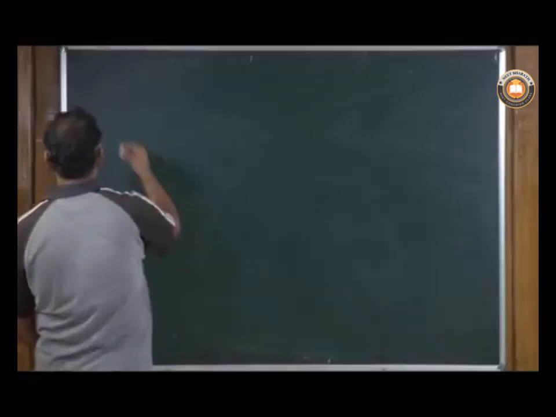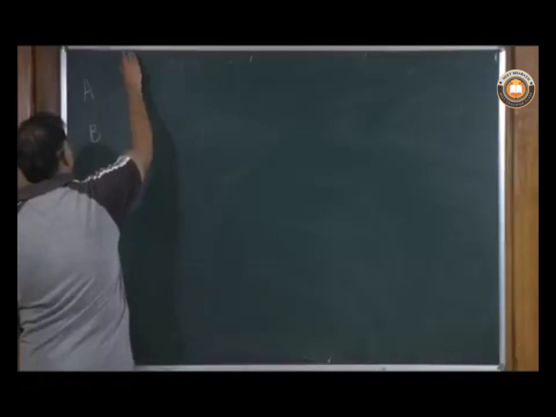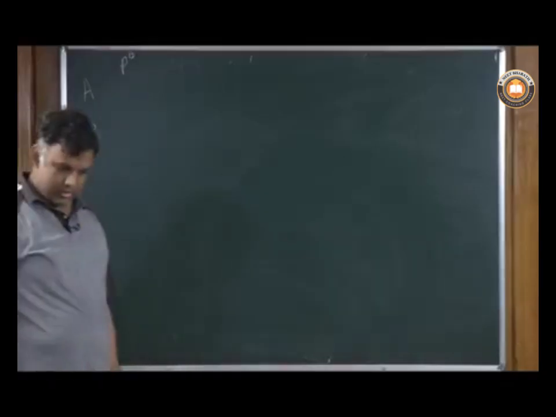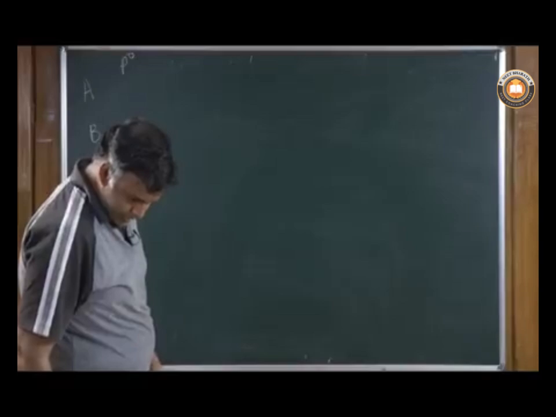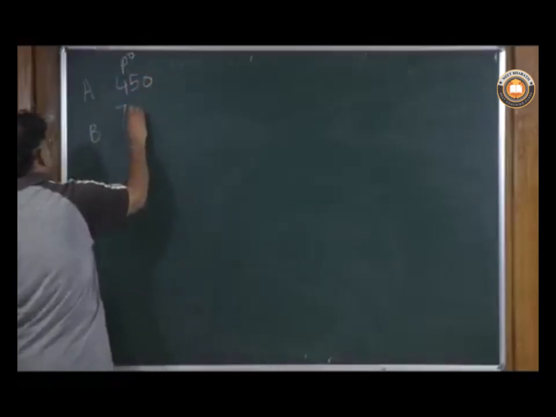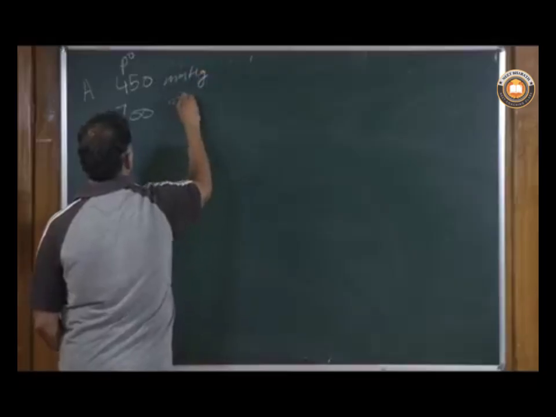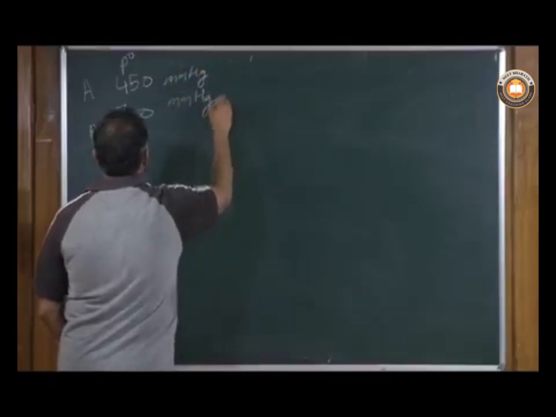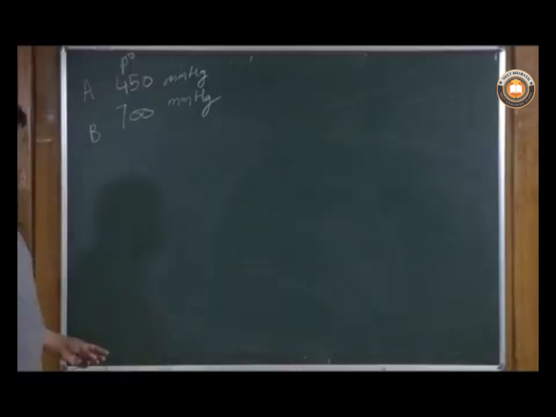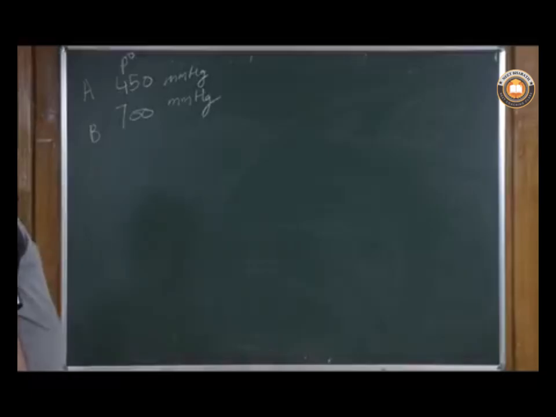So, we have A and B, and P_A^0 and P_B^0 are 450 and 700 millimeter Hg respectively. So, the vapor pressure of pure A is 450 millimeter Hg, the vapor pressure of pure B is 700 millimeter Hg.